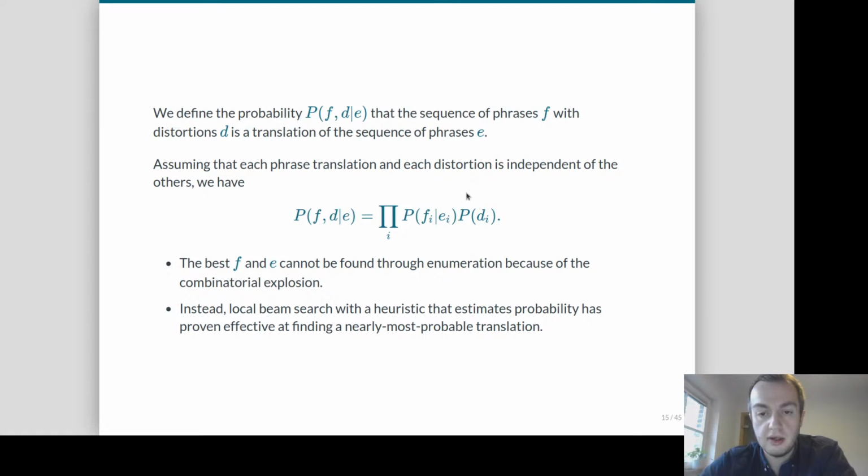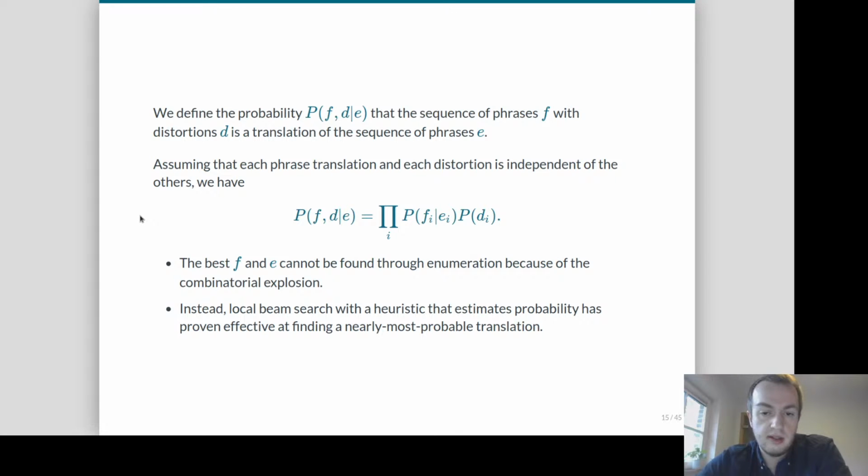In it, we define each factor as the conditional probability of the corresponding output phrase Fi given the associated input phrase Ei, and the distortion that we should apply to this output phrase.